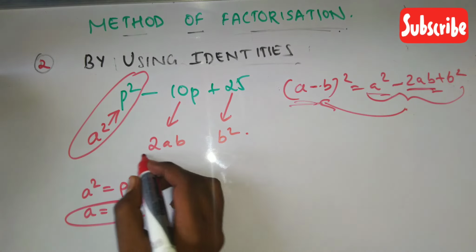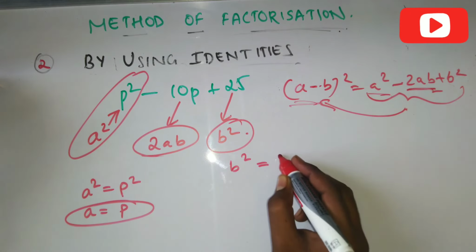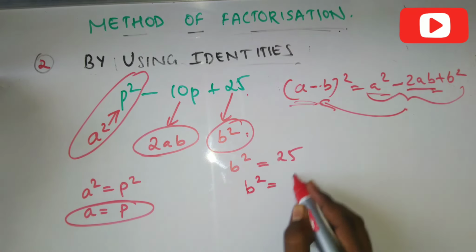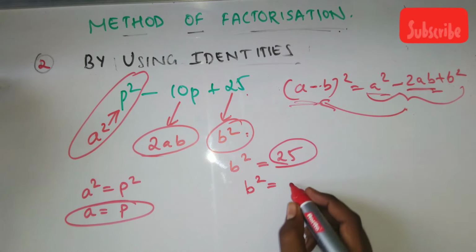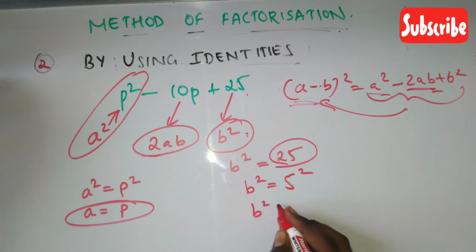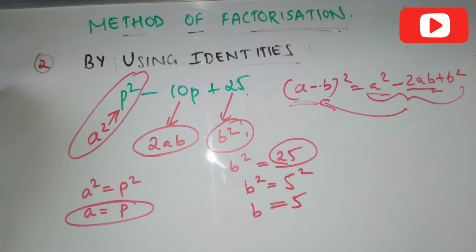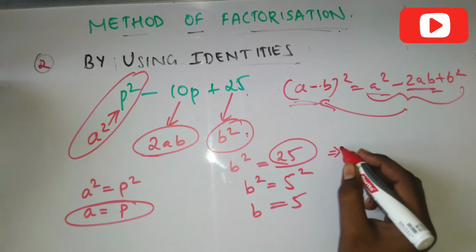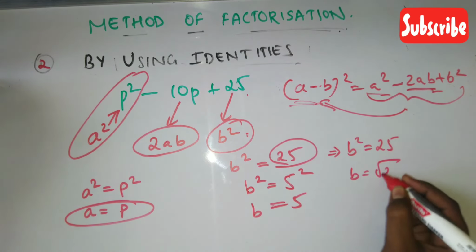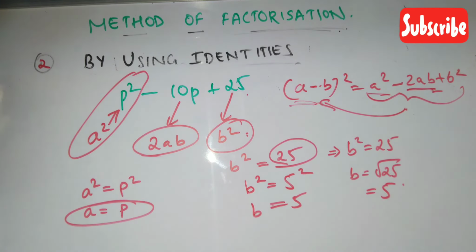If I take b square equal to 25, what number square is 25? 5 square. That means b is equal to 5. Or in other words, b square equal to 25, so b is equal to the square root of 25, that is nothing but 5. Any method you can use.